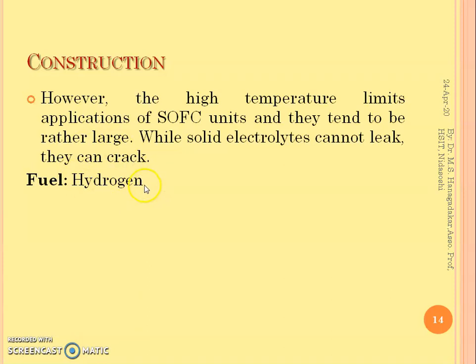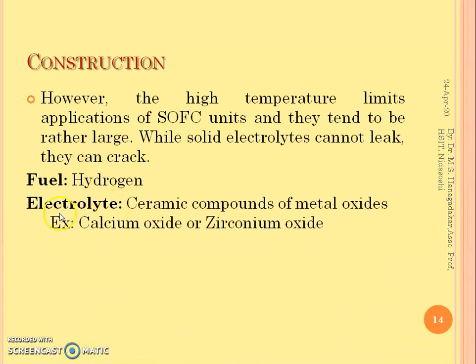Let us discuss the fuel. What is used at the anode compartment? Hydrogen gas. The electrolyte? Ceramic compounds of metal oxides. Usually, calcium oxide or zirconium oxide are the electrolytic compounds. The electrodes are either carbon or any metal-based electrodes except noble metals.